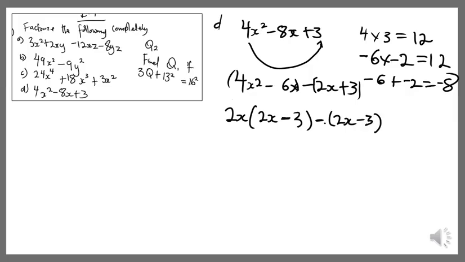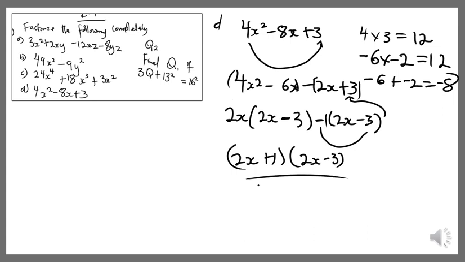The reason why it's minus 3 is because there is 1 here. When you multiply the 1 by the negative 3, you are going to get negative. So you now have 2x plus 1, 2x minus 3, and this becomes your final answer. When you expand this, you are supposed to get 4x squared minus 8x plus 3.